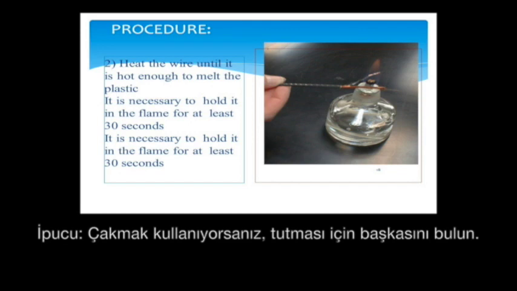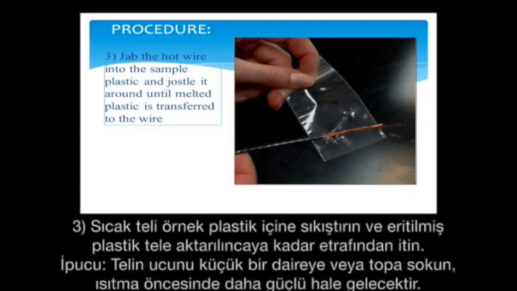Tip: if you are using a lighter, use something else to hold it for you. Third, jab the hot wire into the sampling plastic and jostle it around so the melted plastic is transferred to the wire. Curl the end of the wire into a small circle or ball prior to heating. It will make it stronger.